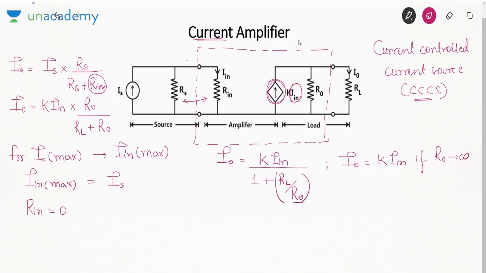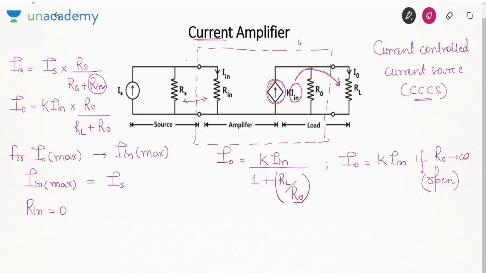If R0 tends to infinity, the term inside the bracket will become 0 and I0 will become equal to the current source. That is, the entire current will go into the load. Why is the entire current going into the load? Because resistance being infinity means it is open. If it is open, the entire current will flow in the load.